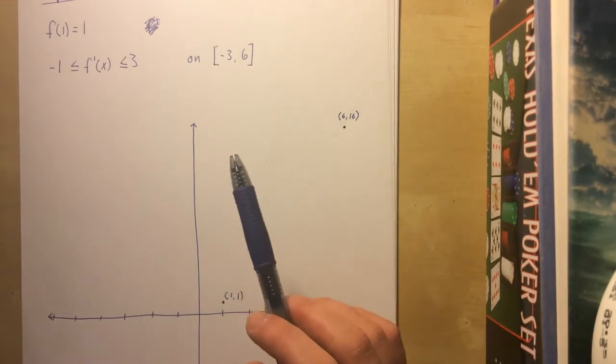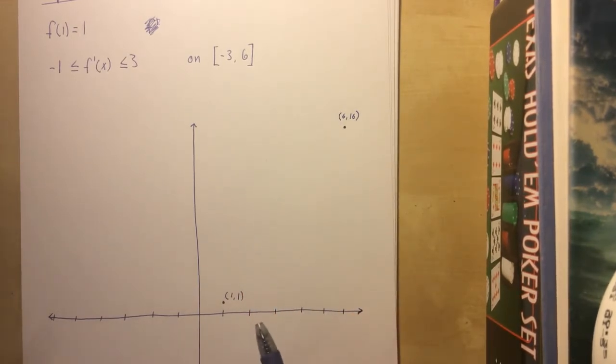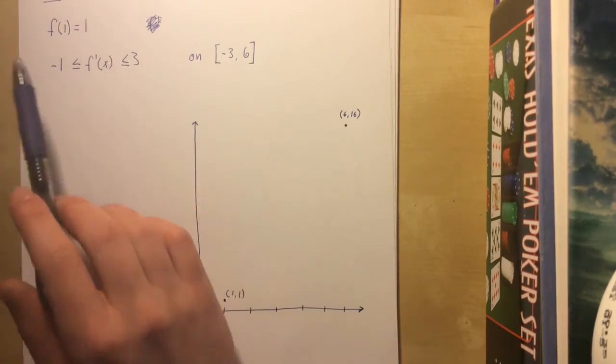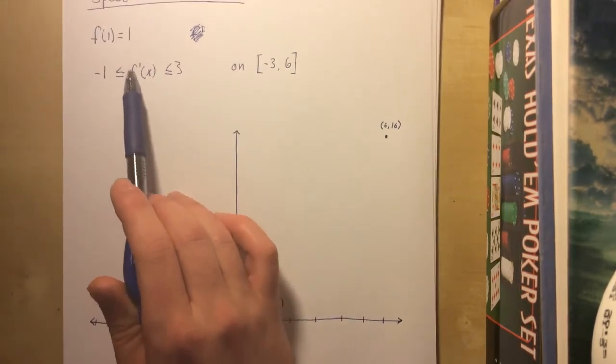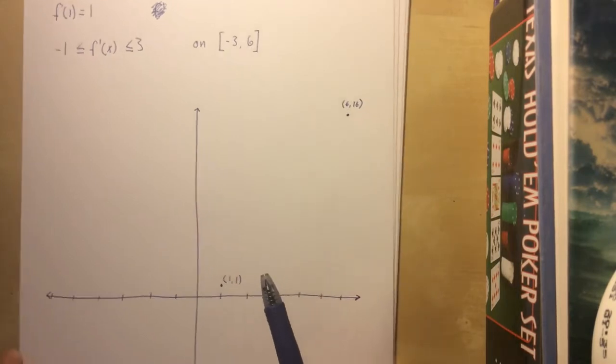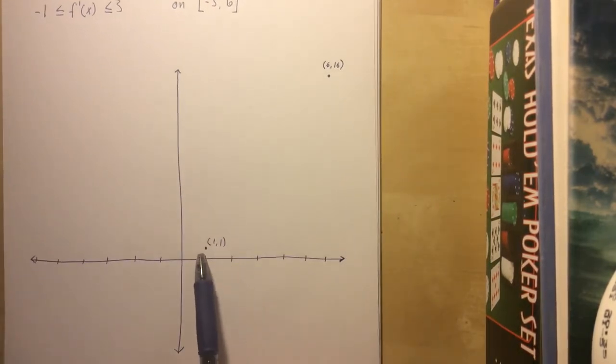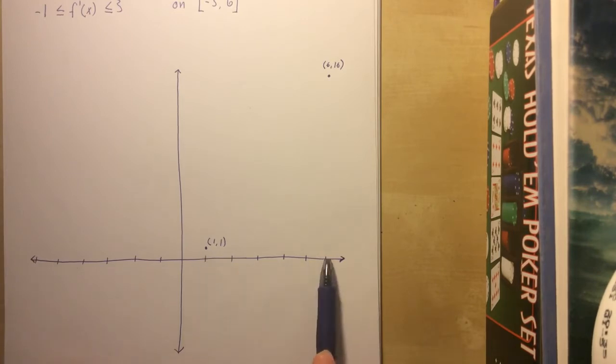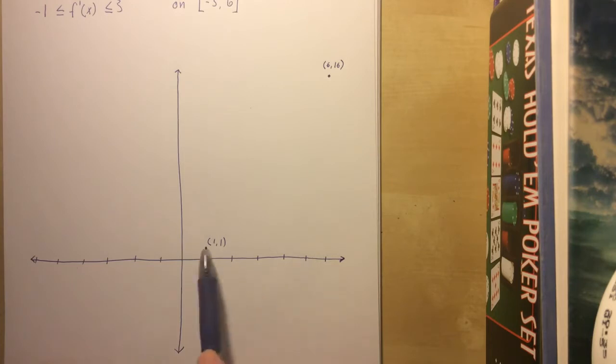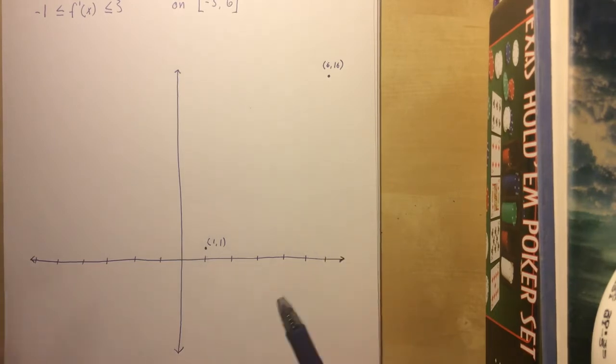Now let's look at the other worst case scenario, which is that the derivative, f prime of x, is -1. If f prime of x is -1, we'd still be moving over 5 units, and we're moving up 5 times -1 units.